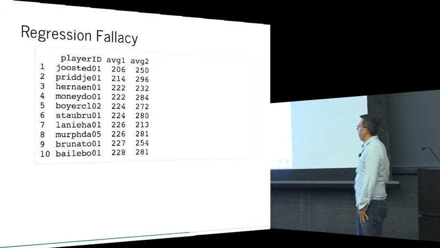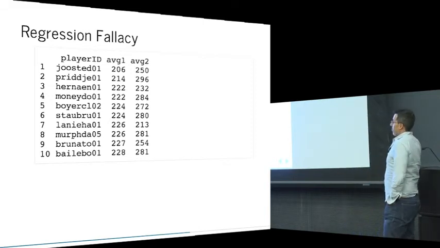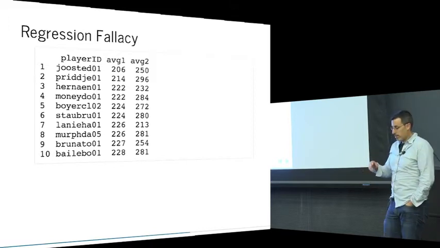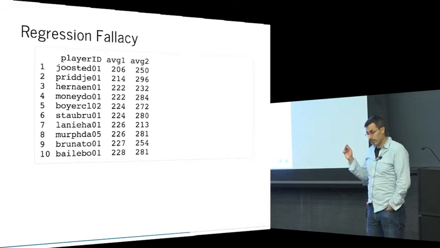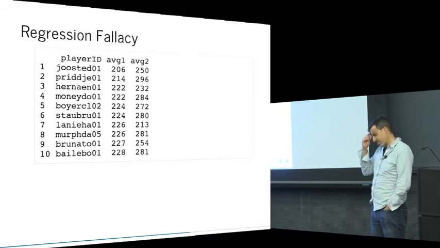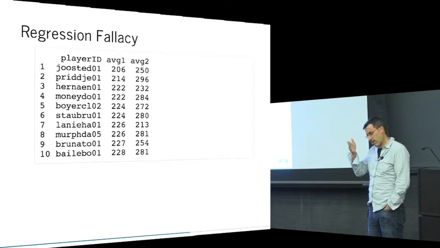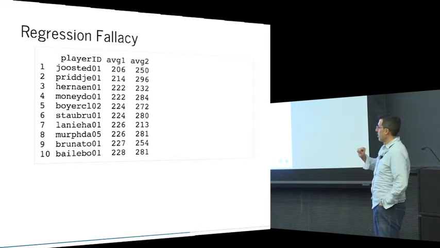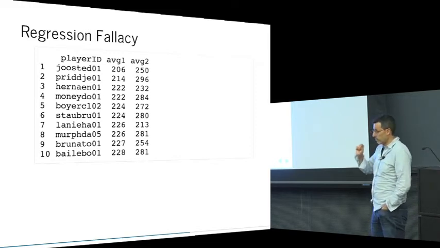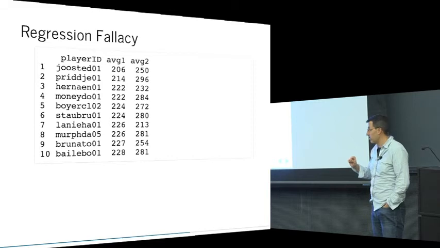Regression to the mean. Now the original term, regression to the mean, came from heights. So Galton, I think, one of those famous statisticians and geneticists, or maybe Pearson, can't remember, was looking at the heights of sons and fathers.